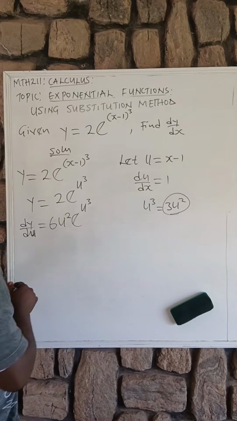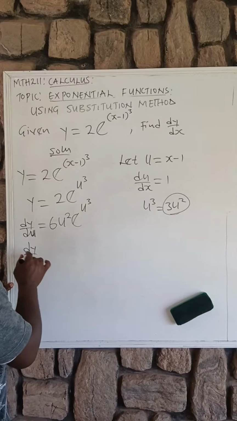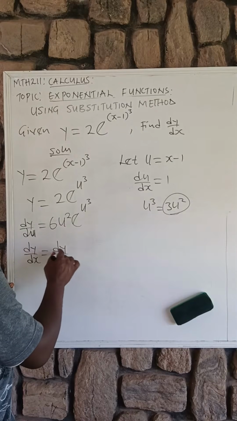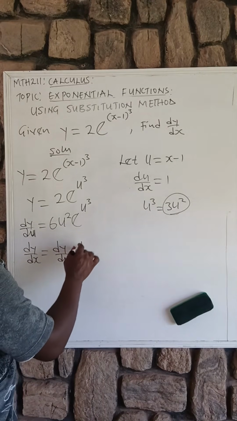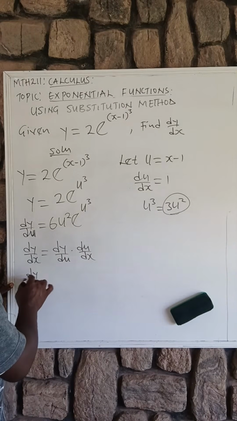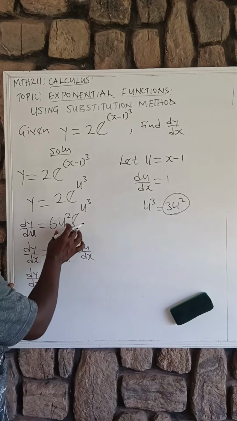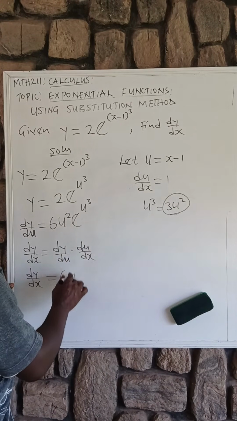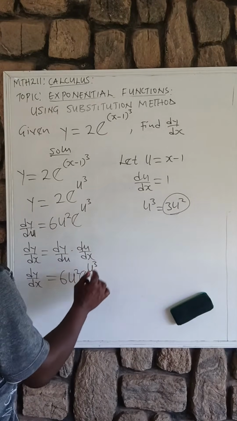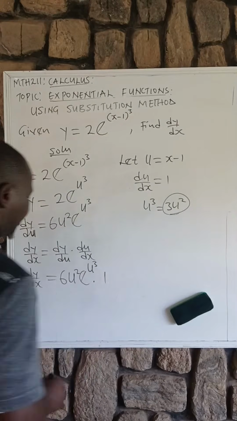True or false? Then our chain rule now: dy over dx is equal to dy over du times du over dx. dy over du is 6u squared exponential u raised to the power of 3, times du over dx, which is 1.